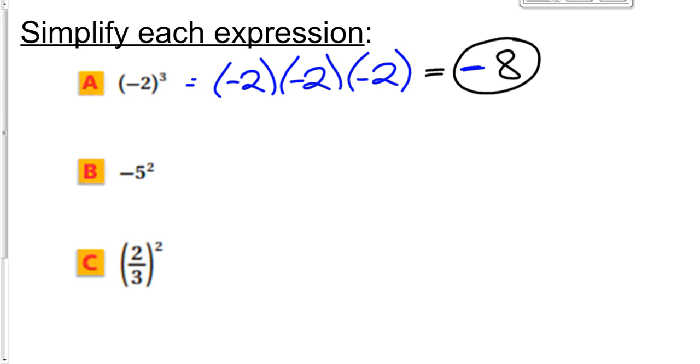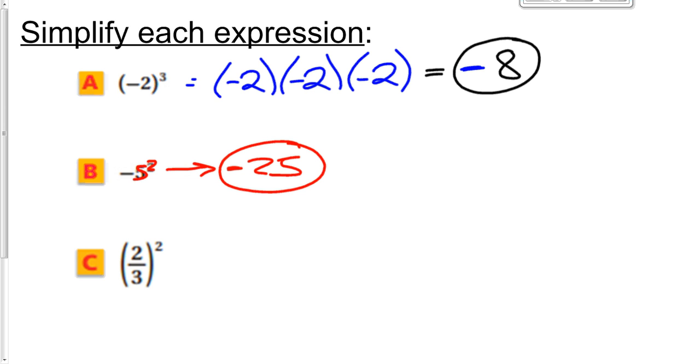However, this is not in parentheses like the top one was for A. So we're actually just going to do 5 to the second, which is 25, and the negative is just going to hang out.